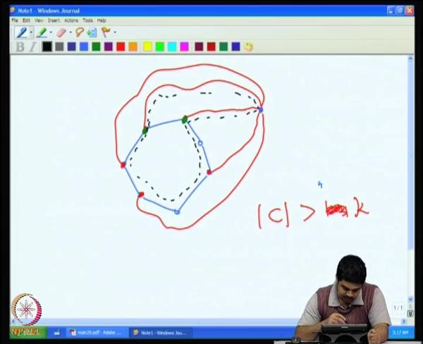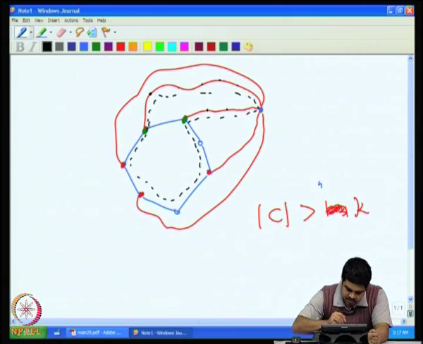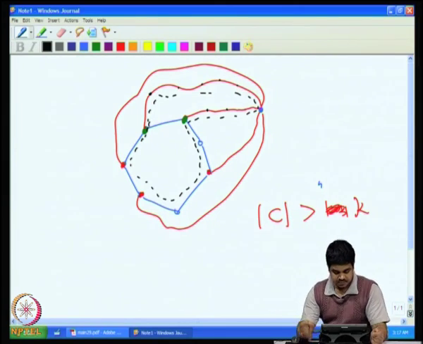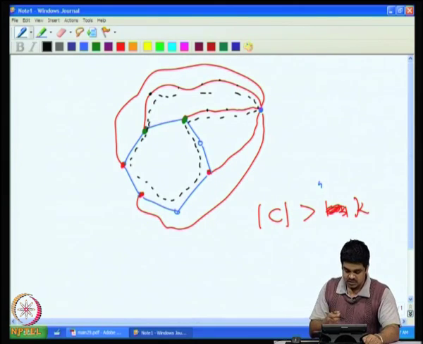So, this dotted black cycle is longer than the blue cycle, because there is at least one more vertex in it. There can be several vertices also, because here we can have intermediate vertices, but even if they are not there, we have at least one more vertex, so it will be a longer cycle.